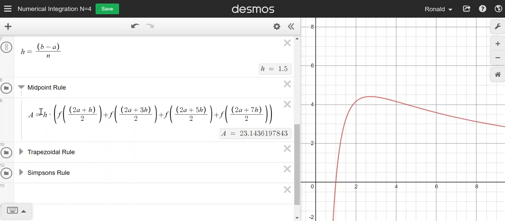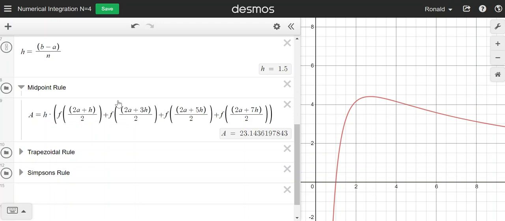Then within the parentheses, we have the function value of (2a plus h) divided by 2, plus the function value of (2a plus 3h) divided by 2, plus the function value of (2a plus 5h) divided by 2, plus the function value of (2a plus 7h) divided by 2.